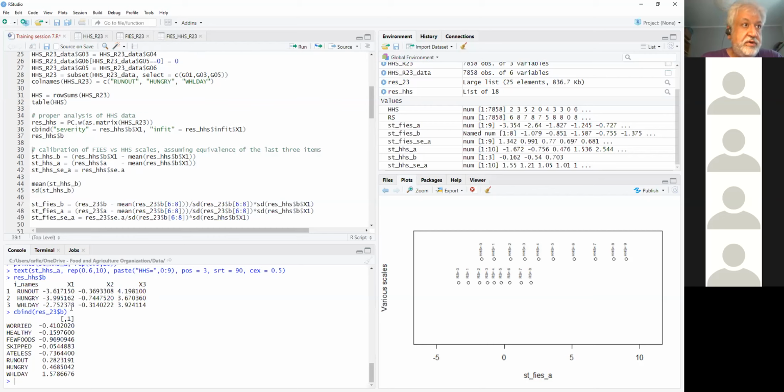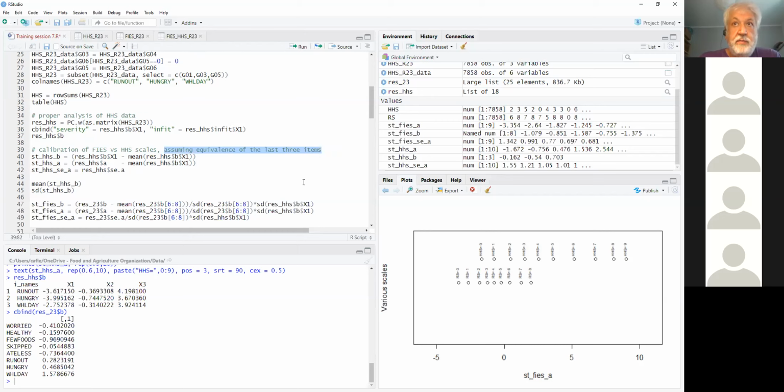And in order to conduct the calibration, I need to bring them on the same scale as we do whenever we do a calibration. The question here is, how do I identify the equivalent, the common items? Now we are not comparing two applications of the FIES. We are comparing the FIES with the HHS.